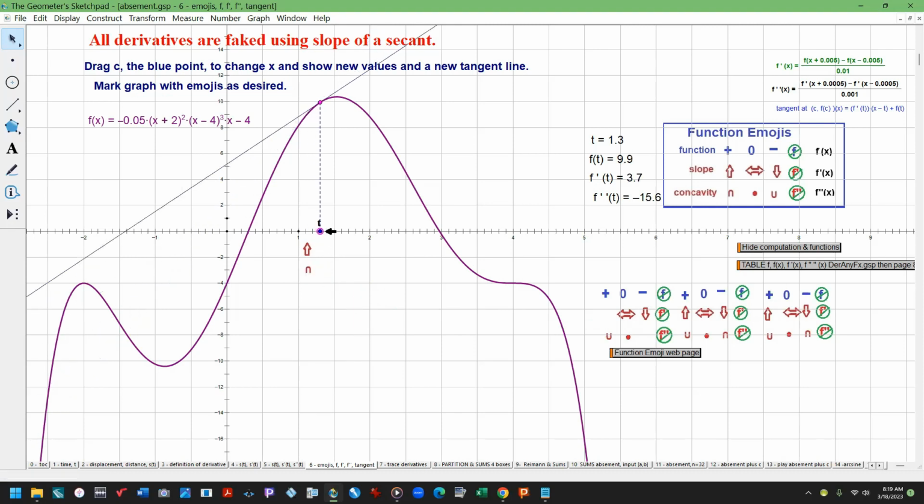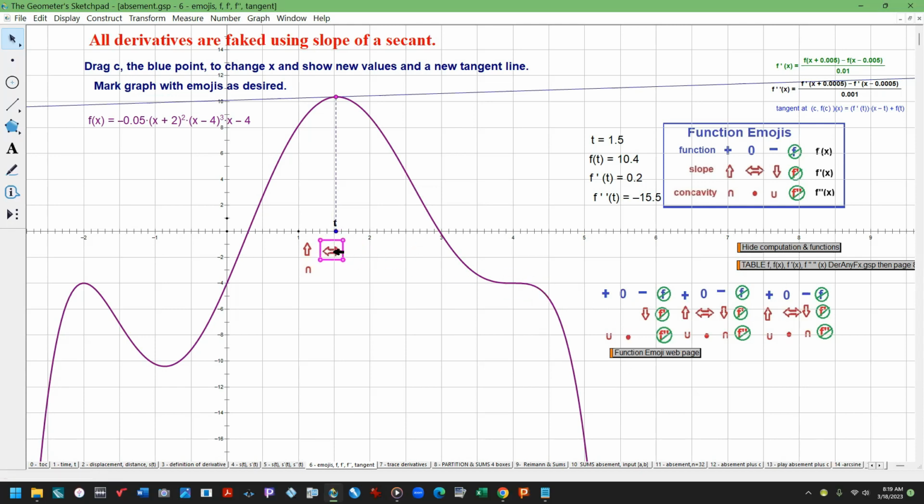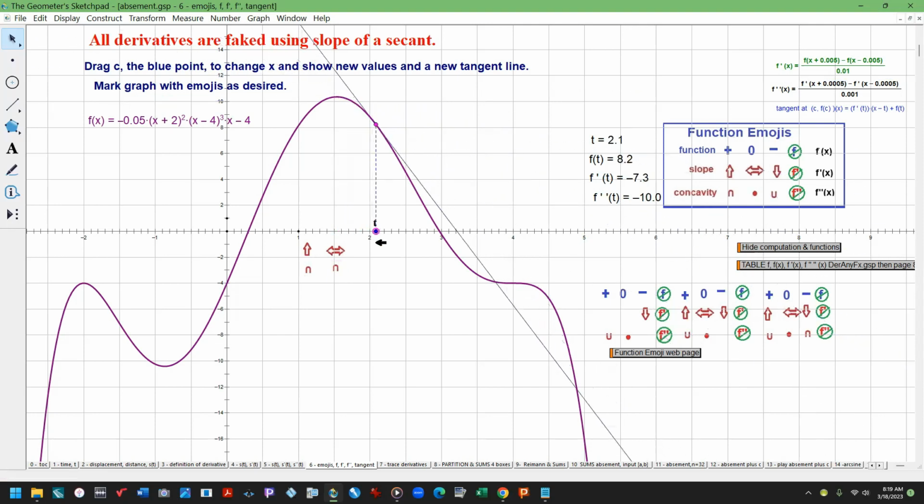If I slide it over, that's about as close as I can get to 0 for the slope. It's still concave down. It's now a negative slope. Still concave down.